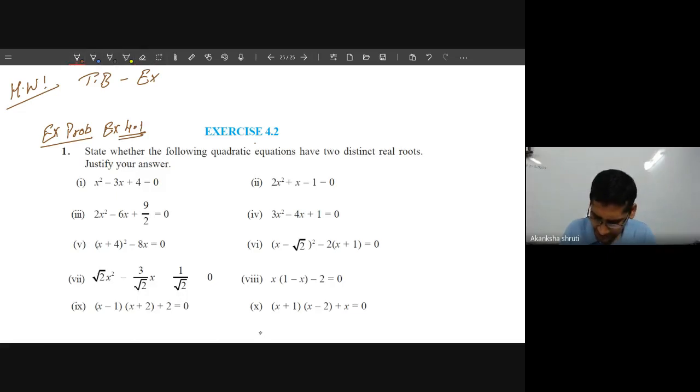All the concepts for this 4.1 we have discussed, and then this 4.2 also you have to do. So this is from our exemplar question 1 only do. From our textbook 4.1 I think we have already finished. Also please do, let me go for our textbook also.